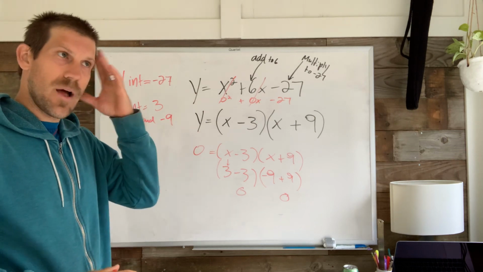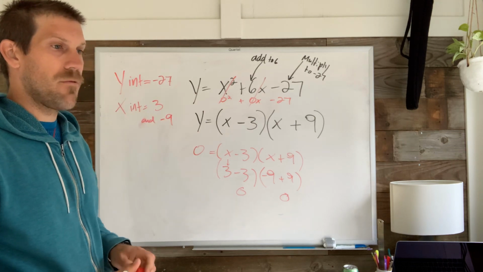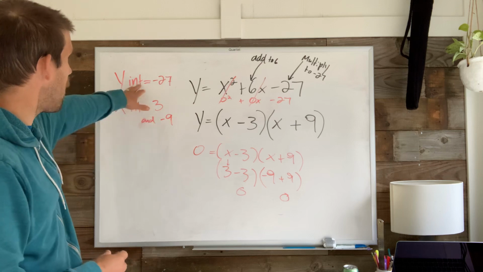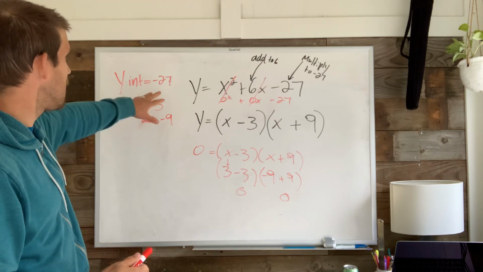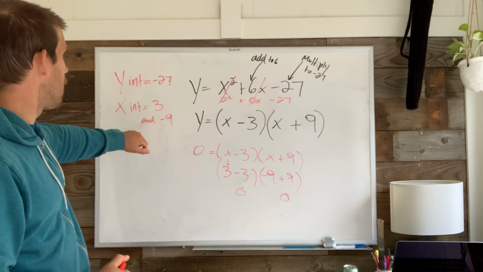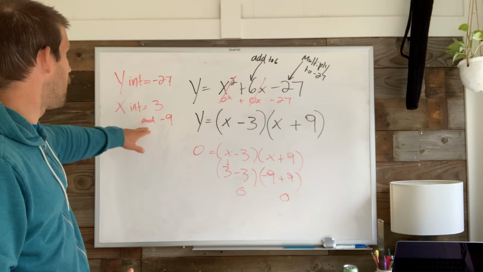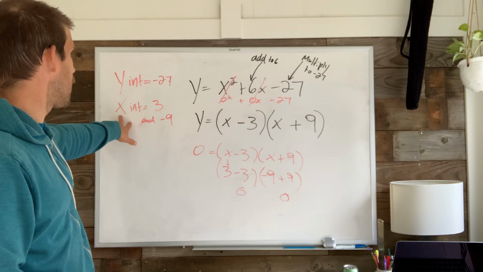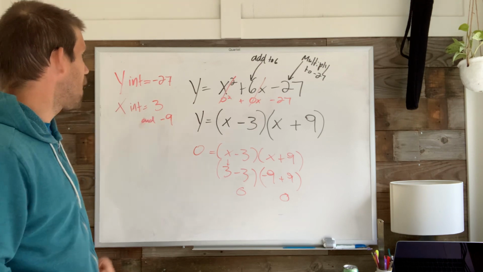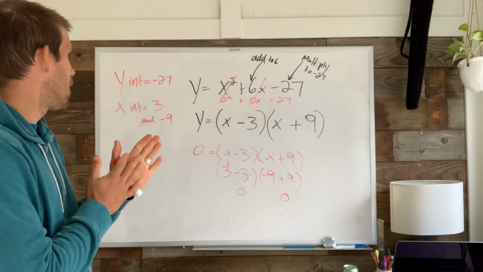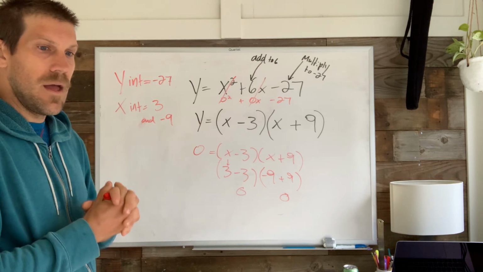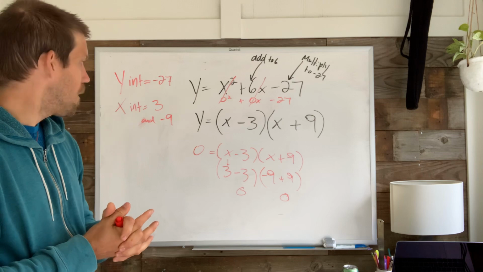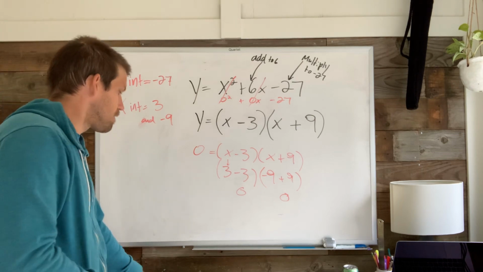So you can start to visualize in your mind what the graph might look like. We know it's going to cross the y-axis at negative 27, and we know that the x-intercepts are going to be 3 and negative 9. 3 and negative 9. Okay, so let's do another one.